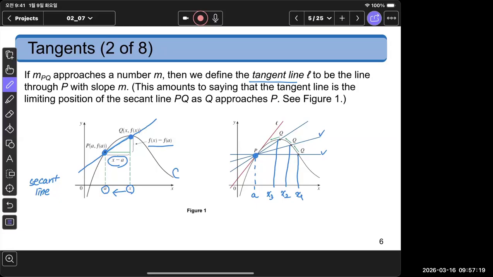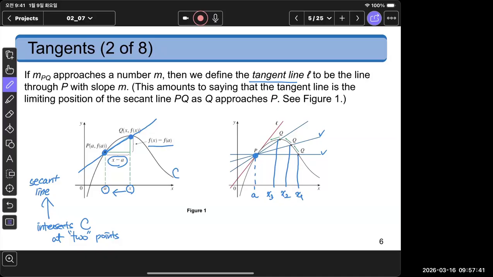Okay, the secant line intersects the graph at 2 points. This secant line intersects the curve C at 2 points, or more than 2 points.